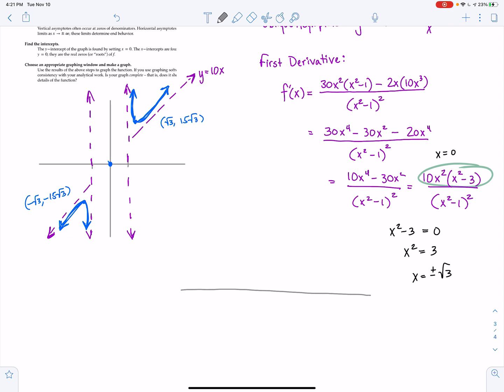So we're going to involve -1, 0, 1, and we're going to have all of these pieces involved here. So that is going to be 10x squared, and by pieces I mean factors, x squared minus 3, and x squared minus 1 squared.